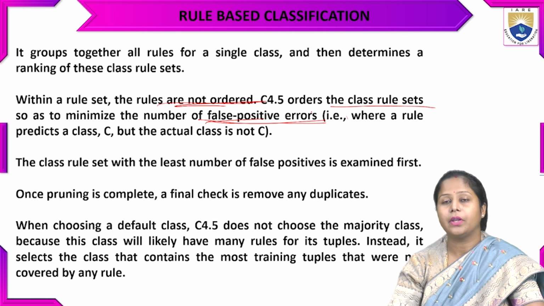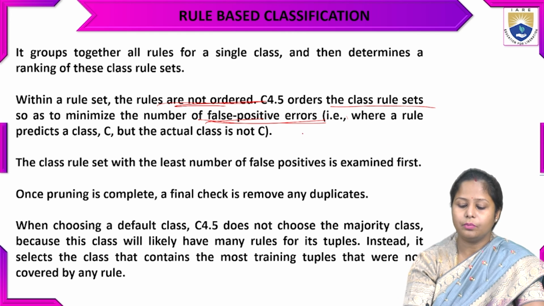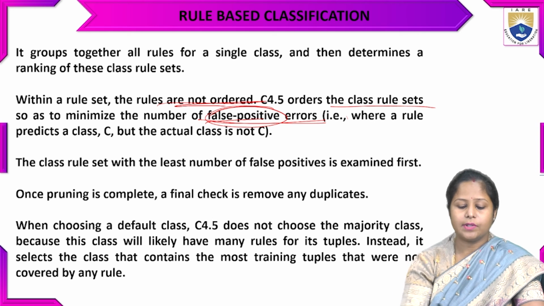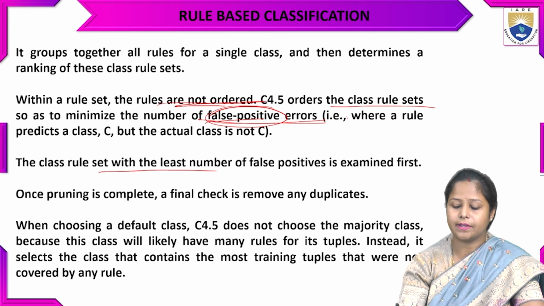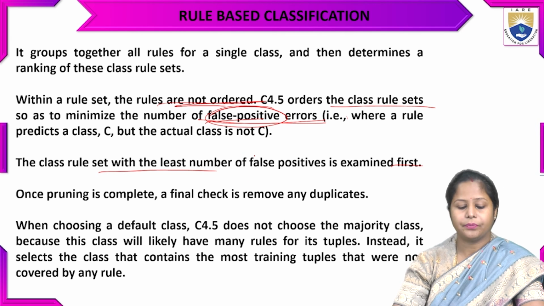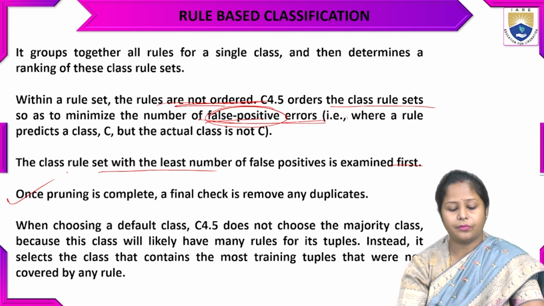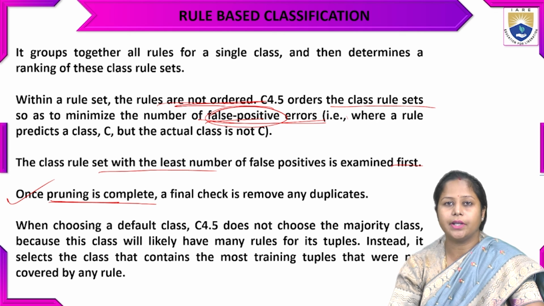False positive. So what is a false positive? It is where a rule predicts a class C but the actual class is not C, that is a false positive, right? So the class rule set with the least number of false positives is examined first. Once the removing of the rules is completed, a final check is to remove any duplicates.